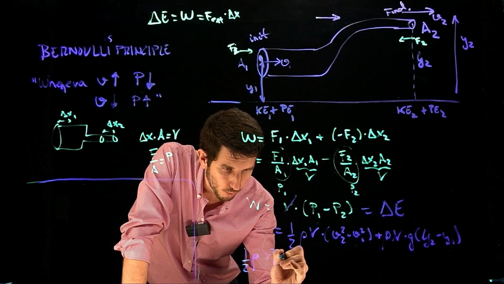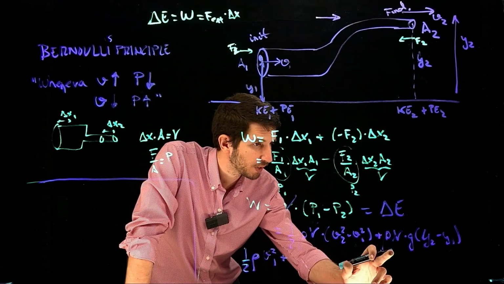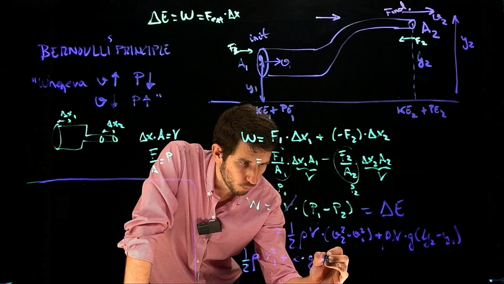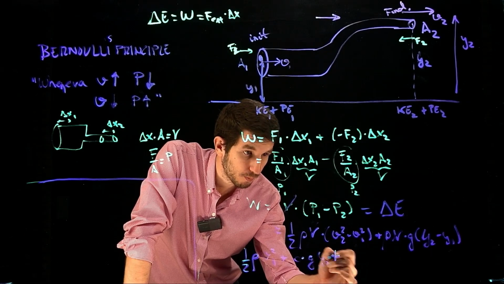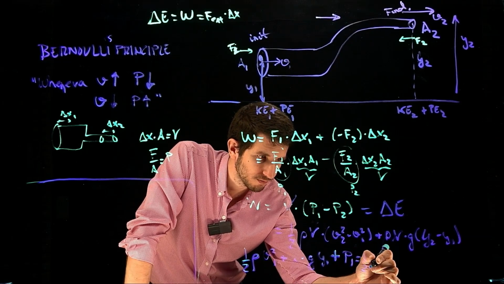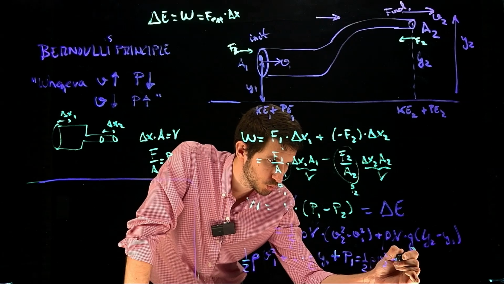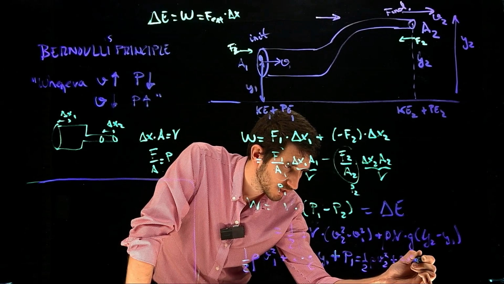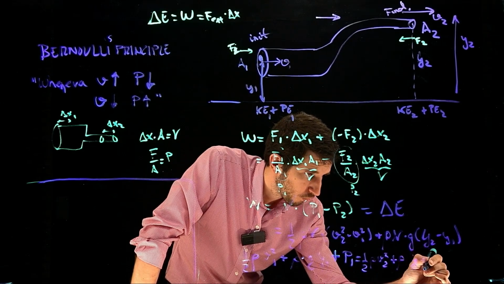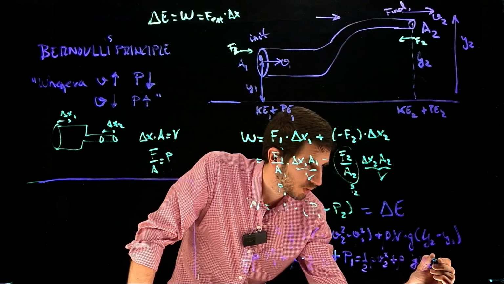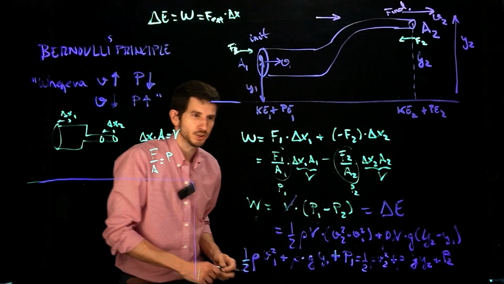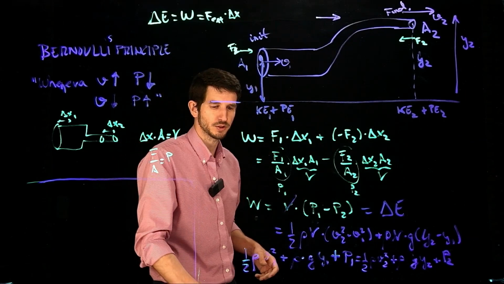V squared 1, which is the kinetic energy of 1, plus rho g Y1, which is the potential energy in 1, plus P1 needs to be the same as 1/2 rho v squared sub 2 plus rho g y2, potential energy of 2, plus the pressure in 2. So now I have an equation that conserves the energy.